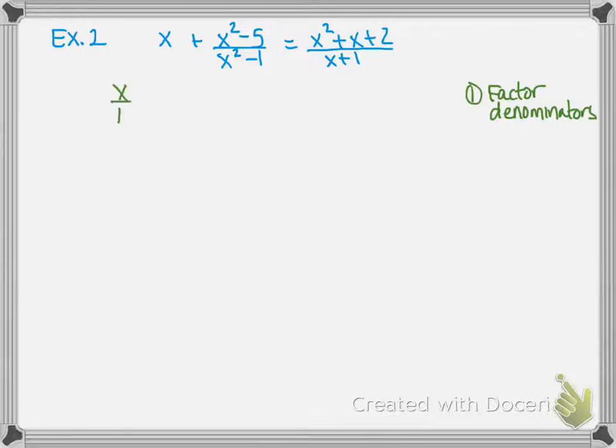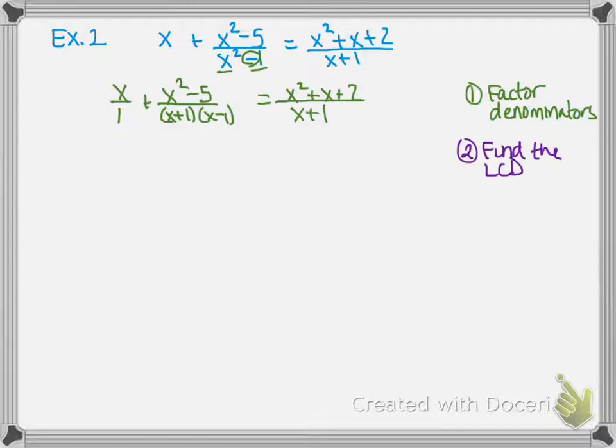So x we can put over 1 for now, plus x squared minus 5, and the denominator factors, because we have a perfect square minus in between. We put 2 parentheses, the square root of x squared, the square root of 1, and 1 gets a plus and 1 gets a minus, equals x squared plus x plus 2 over x plus 1, because that can't be factored anymore.